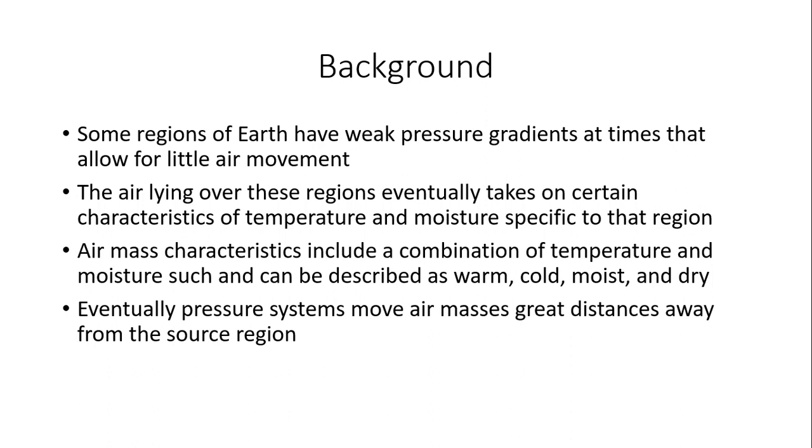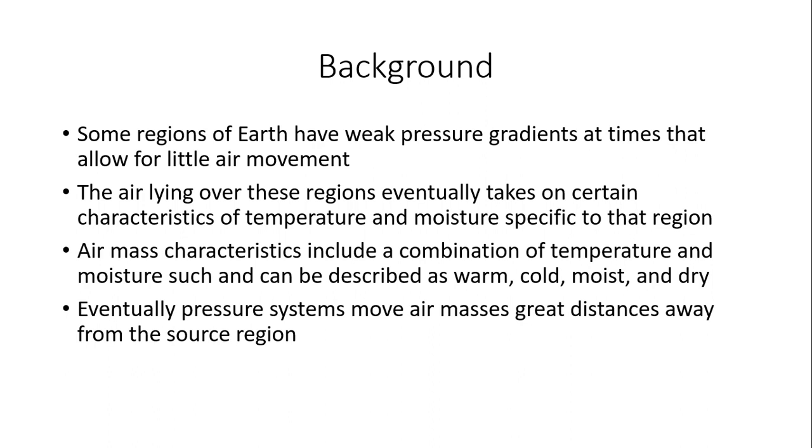Now the air lying over these regions eventually takes on certain characteristics of temperature and moisture specific to that region. Air mass characteristics include a combination of both temperature and moisture. So air masses can basically be described as warm, cold, moist, and dry.